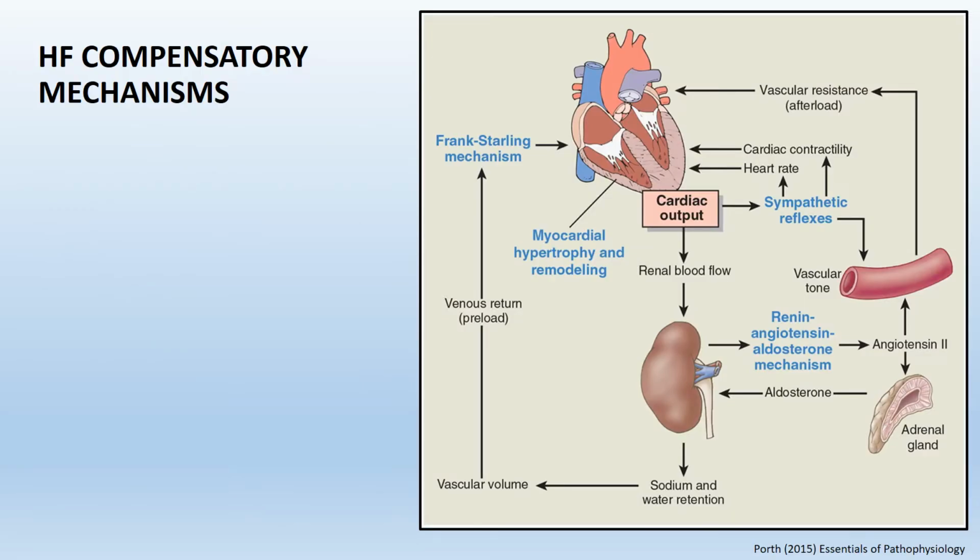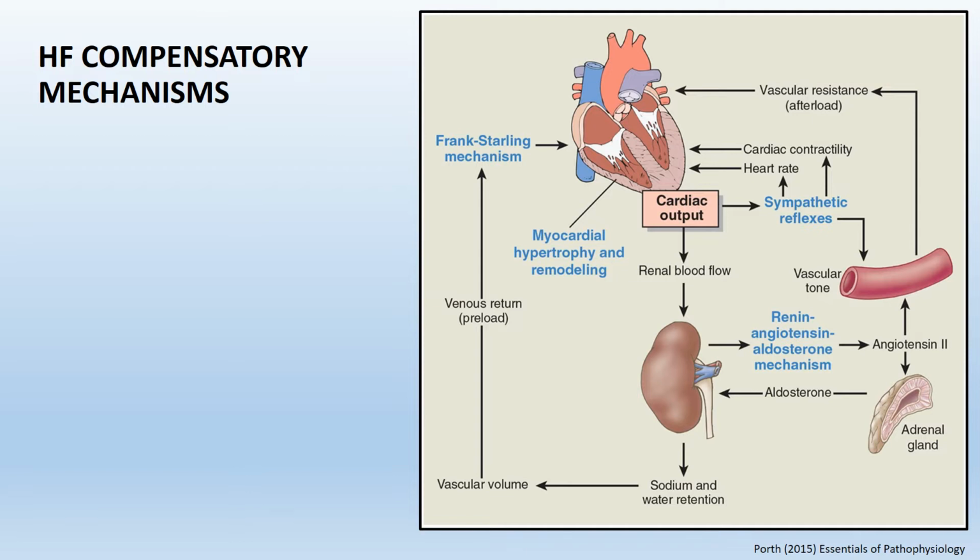In heart failure, cardiac reserve is maintained due to several compensatory mechanisms. The first I want to mention is the Frank-Starling mechanism. In this compensatory mechanism, the heart increases its stroke volume through an increase in the end diastolic volume, or preload. The myocardial fibers stretch, which increase the force of contraction.